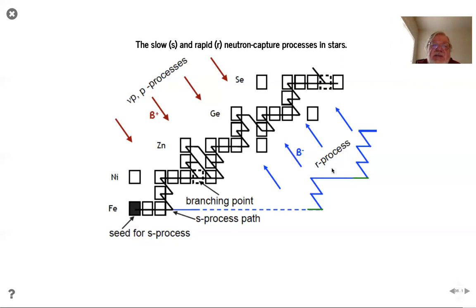The r-process occurs in a stellar environment with a much larger number of neutrons, above 10^20 neutrons per cubic centimeter. This can occur, for instance, during a neutron star merger or in jets of core-collapse supernovae. In this case, because of the large number of neutrons, neutron capture continues even through unstable nuclei, because the rate of subsequent neutron capture is much faster than the rate of beta minus decay.